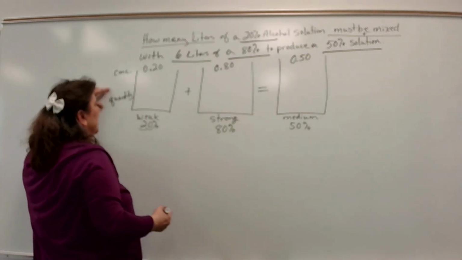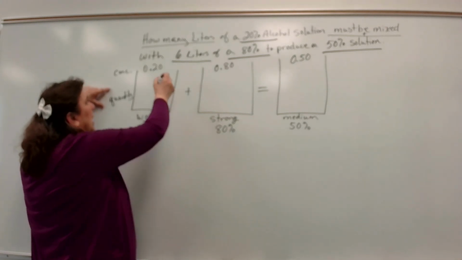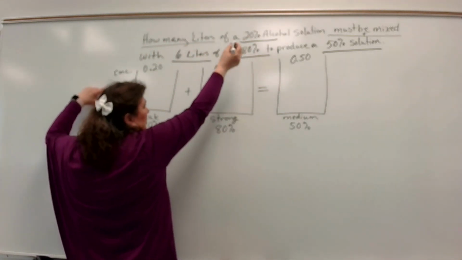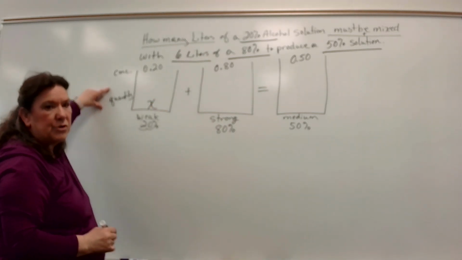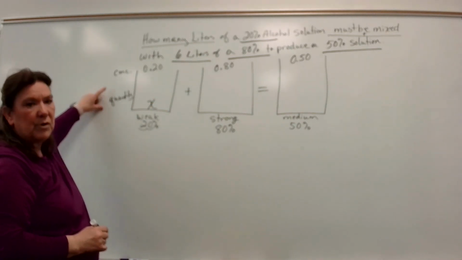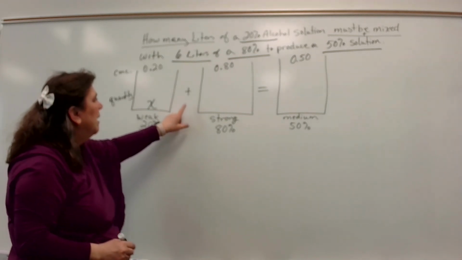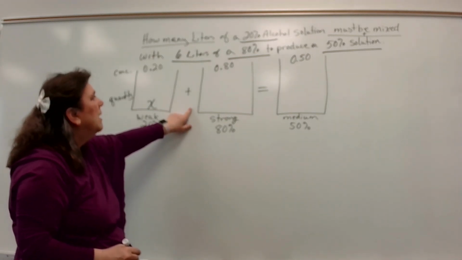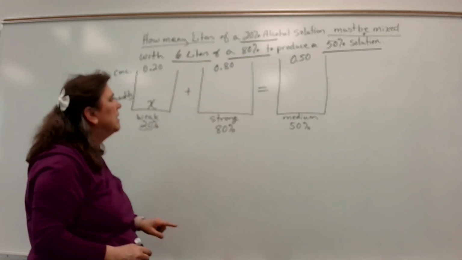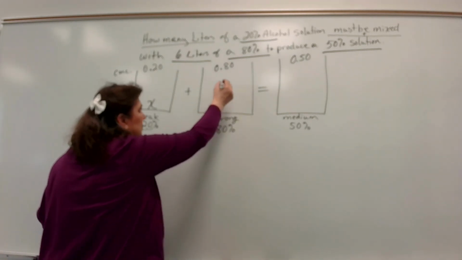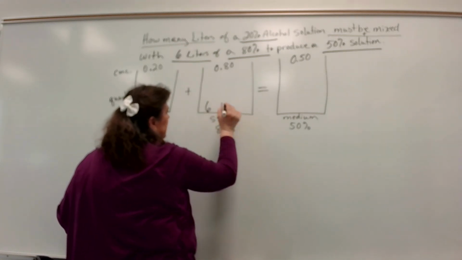Now you're going to look at our quantity. How many liters goes with your 20%? That is your unknown, therefore it is your variable. In this case, I'm going to use X. Our next one is mixed with 6 liters of an 80%. So I have 6 liters of this one.